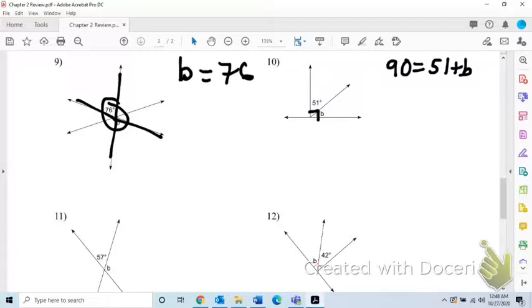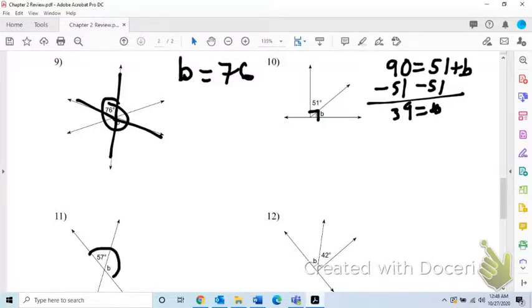If we take one big angle, 90 degrees, and break it up into 2 smaller angles, 51 and B, that if we add 51 and B back together, we have to get 90. So that gives us our algebraic equation of 90 equals 51 plus B. Subtract 51 from both sides, and we get B equals 39.